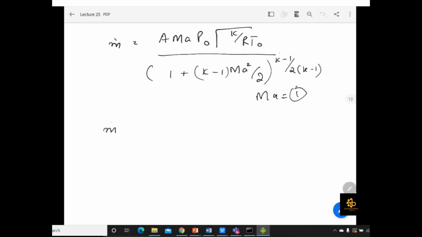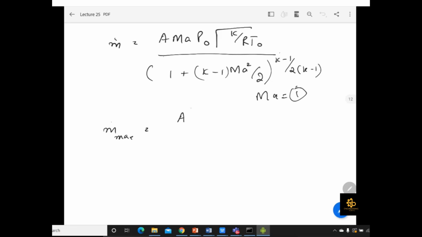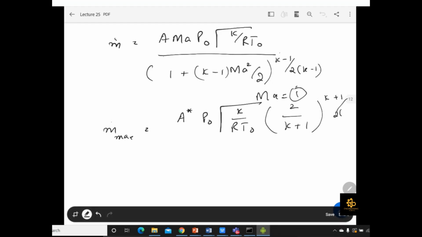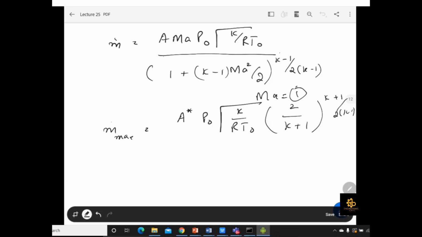So we can write the maximum mass flow rate equation by plugging in Mach number 1 and replacing A by A star, and the rest of the equation becomes K divided by R T naught, times 2 over K plus 1, raised to (K plus 1) divided by 2(K minus 1).